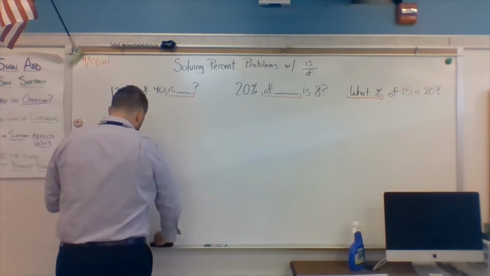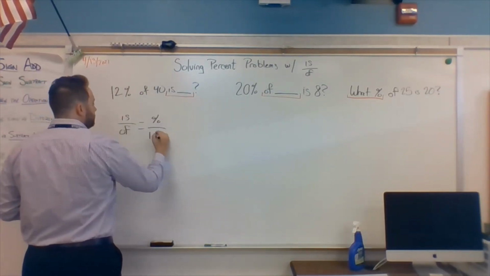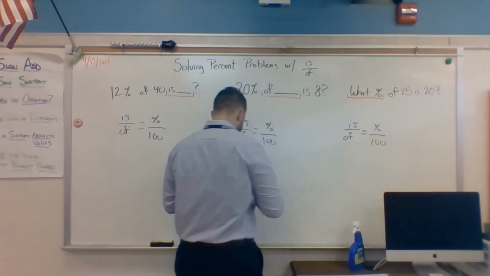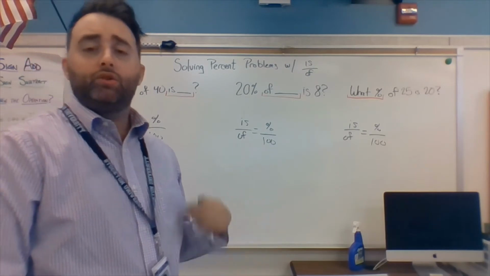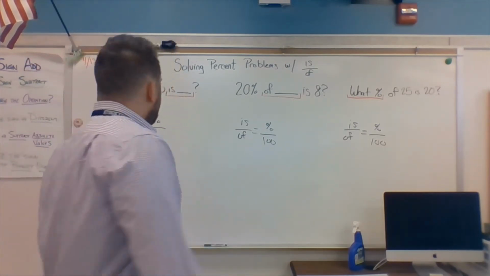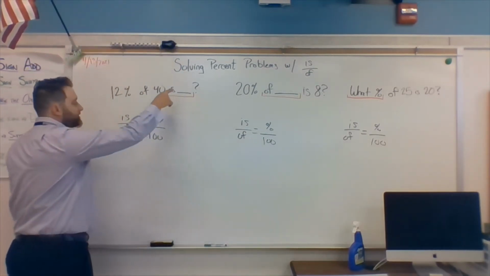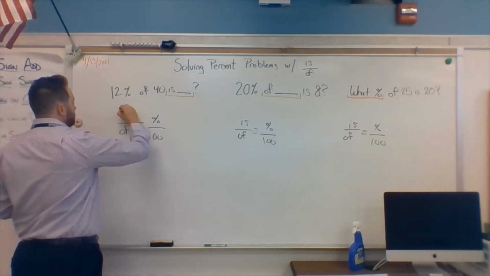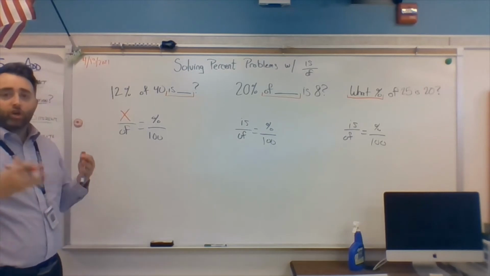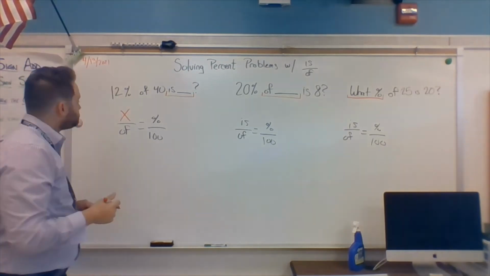So let me shift. I'll actually write this for each one of them. Okay. So you're going to use this method. You're going to use this little formula to solve all of these problems. So we said the what is the is. So the is going to become your big X. Your X. Okay, it's your unknown. That's what you're going to try and solve for.